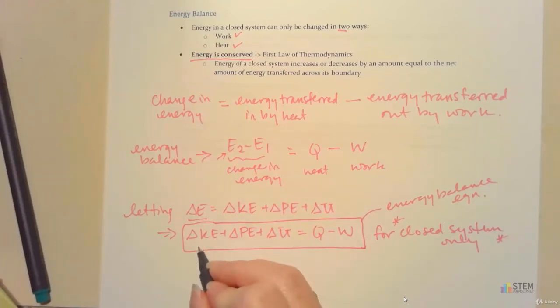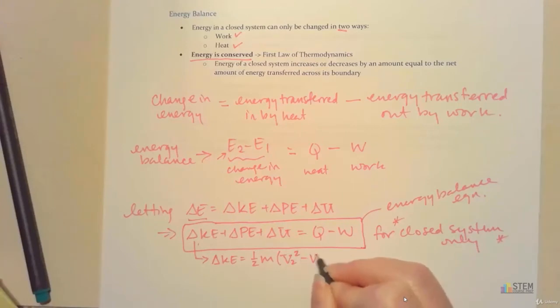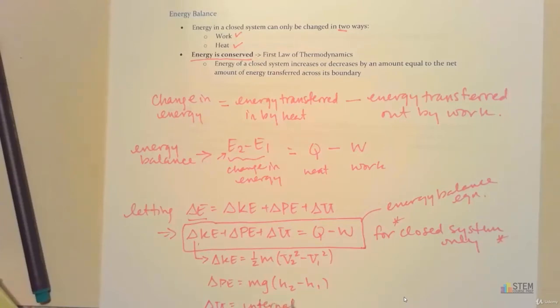So just so it's all in one place, let's remind ourselves what these terms are. Delta KE is the change in kinetic energy, so that's going to be 1/2 mass times velocity 2 squared minus velocity 1 squared. Delta PE is going to be mg times the change in height. And delta U is internal energy, and that typically will come from the tables, as you will soon see.